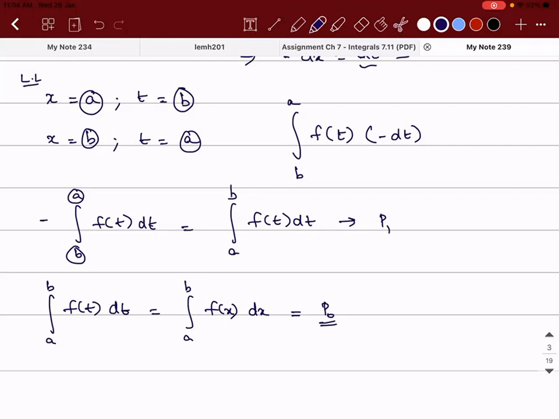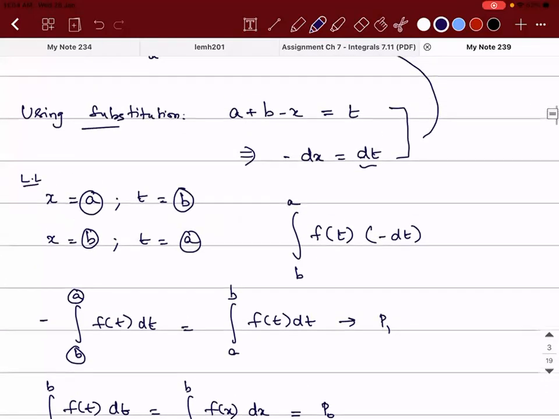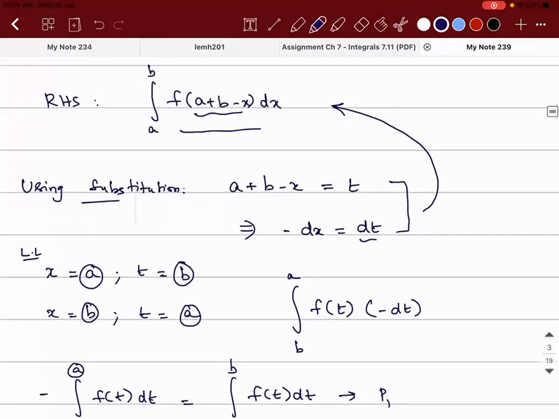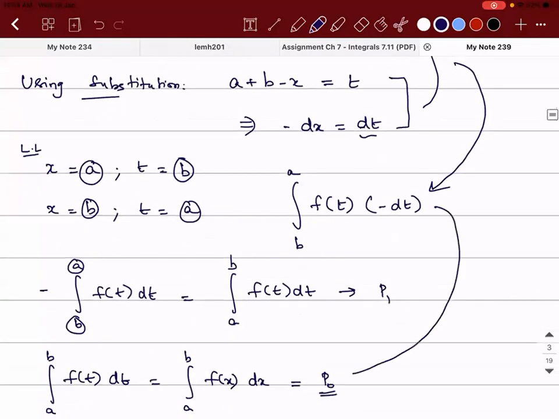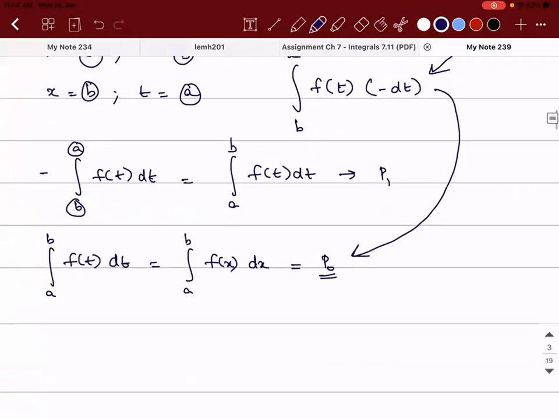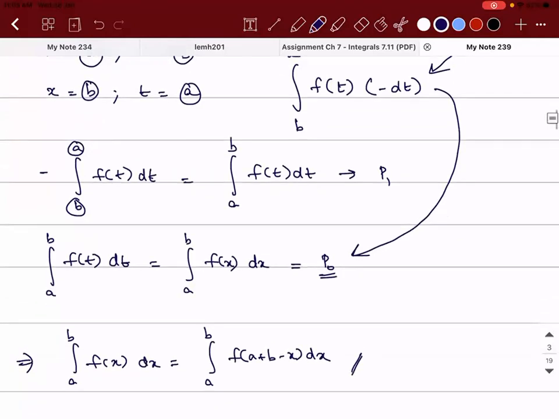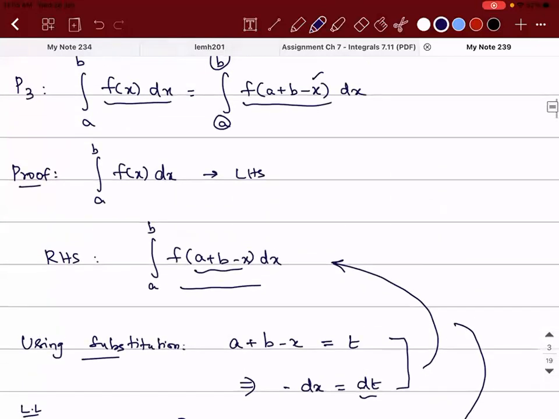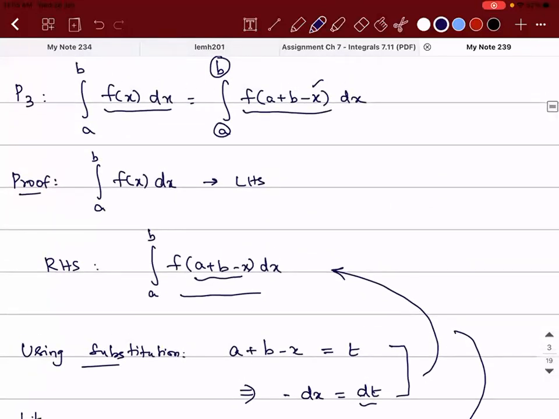So from this, I can conclude that integral of a to b f of x dx can be written as integral of a to b f of a plus b minus x times dx. This is the fourth property, which is named as P3.